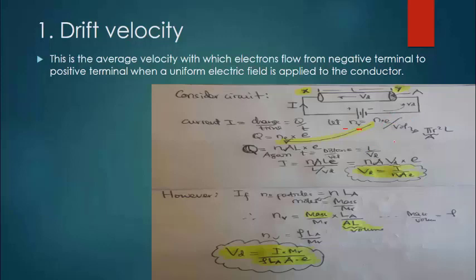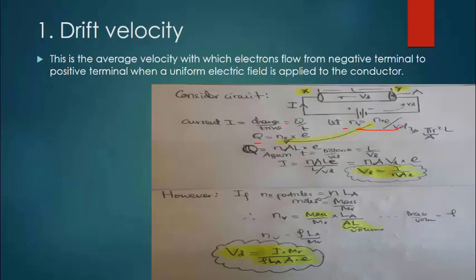Because we are interested in the number of charges that pass in a unit time, to get the number of electrons, the number of charges is equal to Nv times volume. But this is the amount of charge we want, not the number.